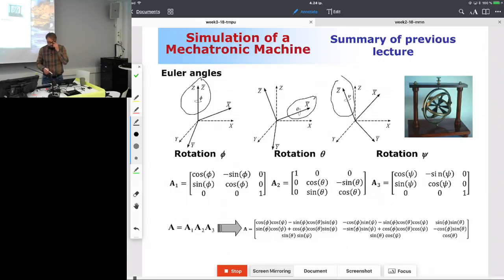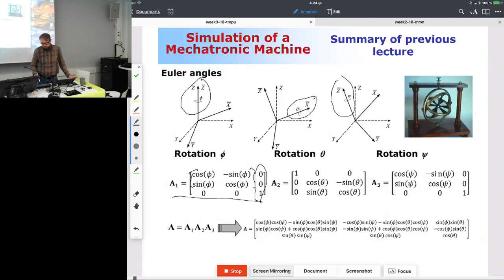Here's our first 3x3 rotation matrix. This 2x2 submatrix is exactly the one we are used to in 2-dimensional cases.